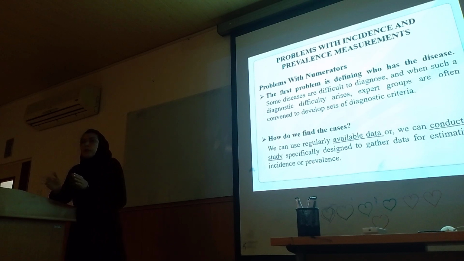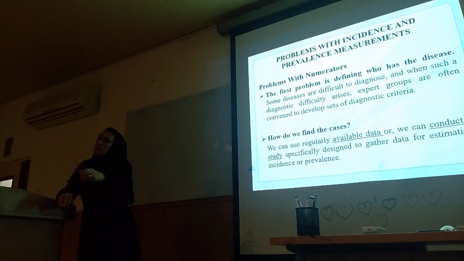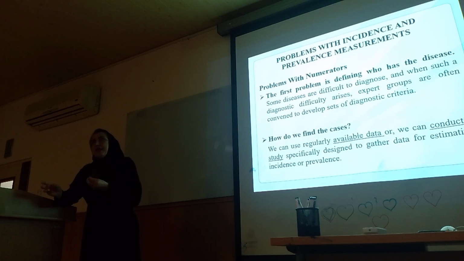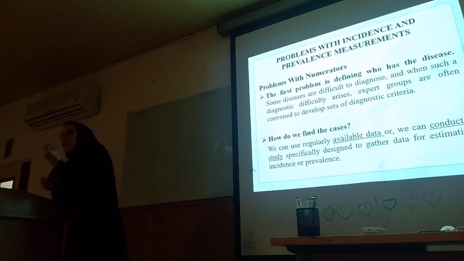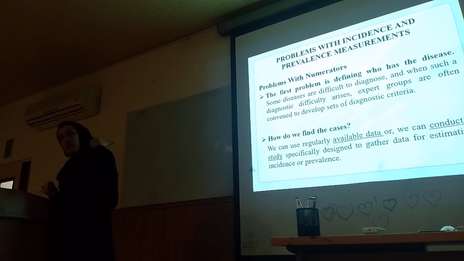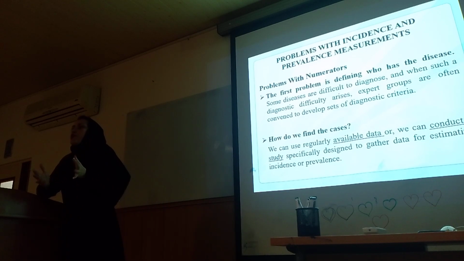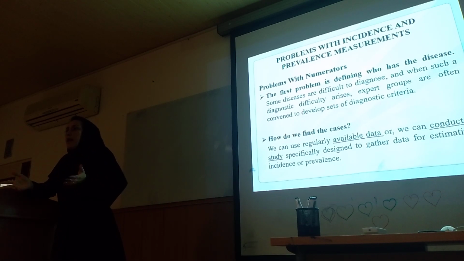Okay? And in a community of 100 population, we have, for example, 20 diabetic people with that definition. After a while, the definition has changed, and the cut point has a different value.